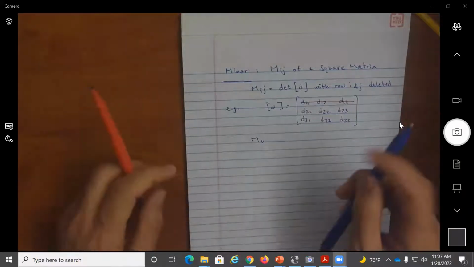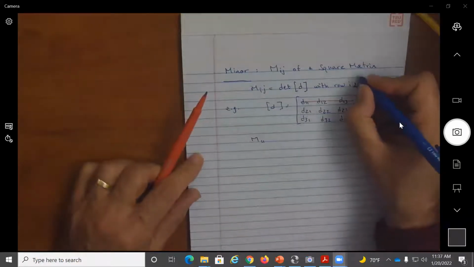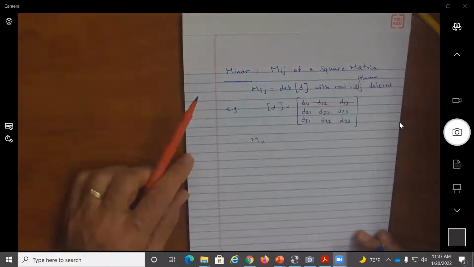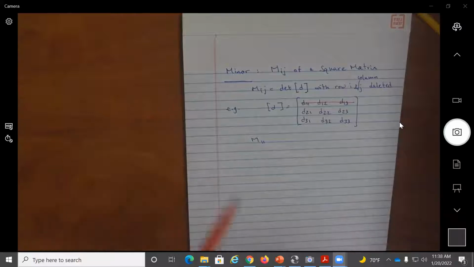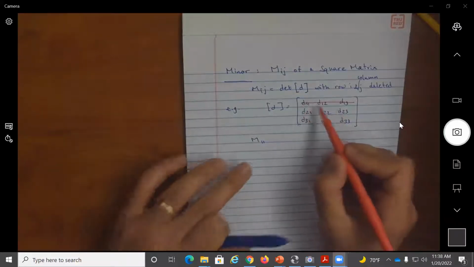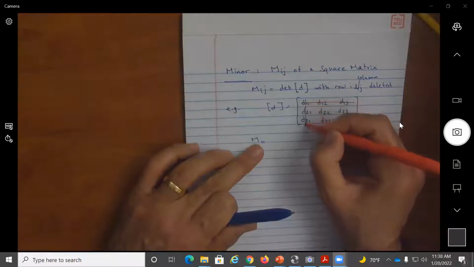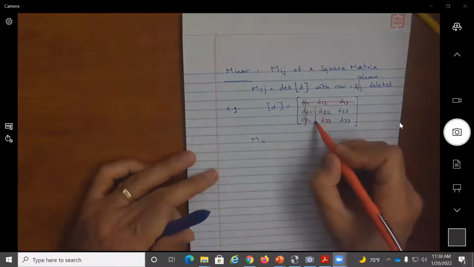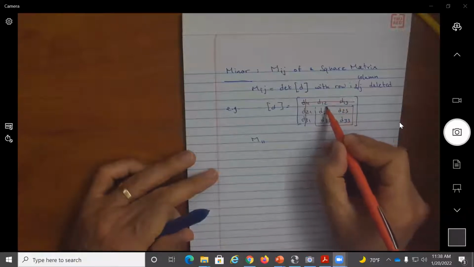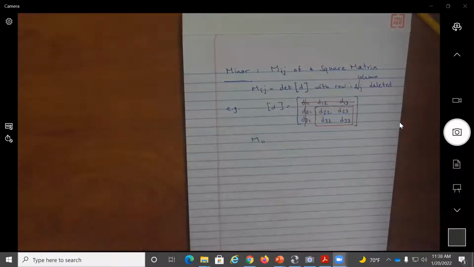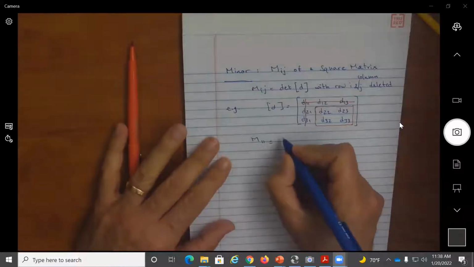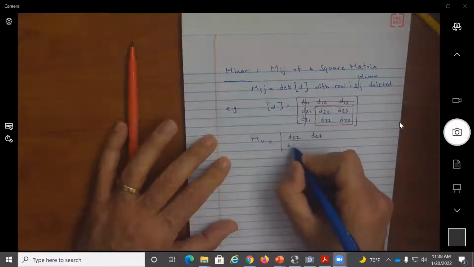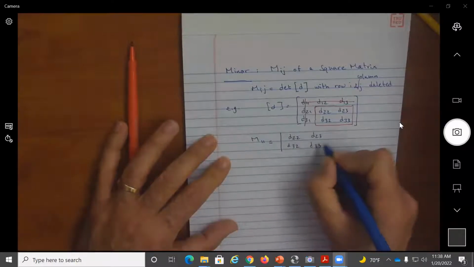I'm sorry, I said row i, and I forgot to say column j deleted, right? Not row i and row j. So I would delete row 1 and column 1. And then I'm really finding the determinant of D22, D23, D32, and D33.